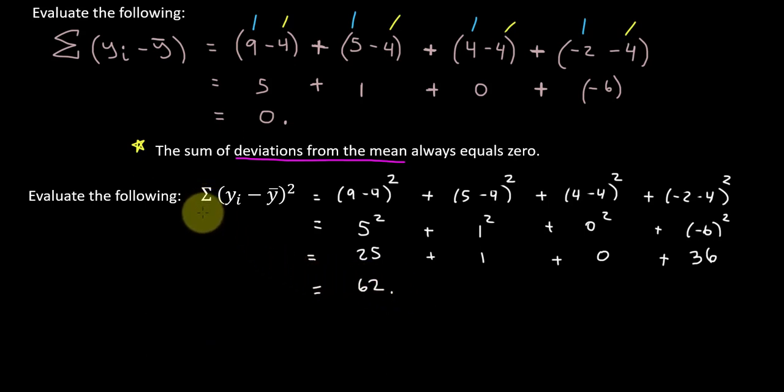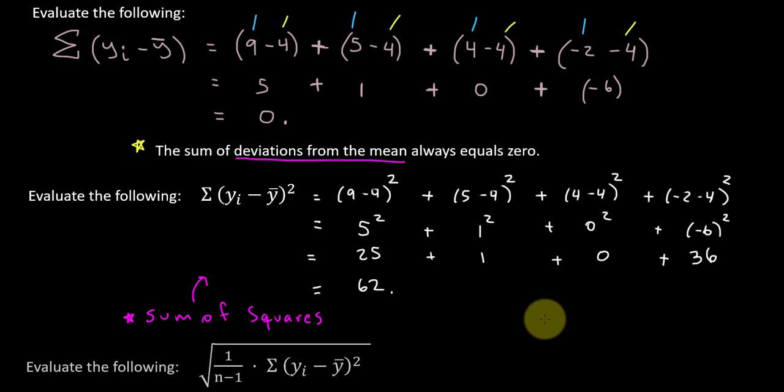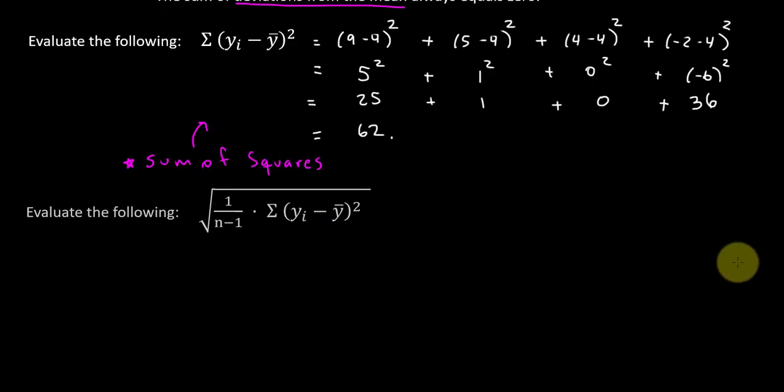This is called the sum of squares, because we just added up a bunch of squared quantities. Those are those squared deviations. And we're going to do one more calculation, which is going to get us geared up for the next section in our course. Okay, I've beefed this up a little bit for us.